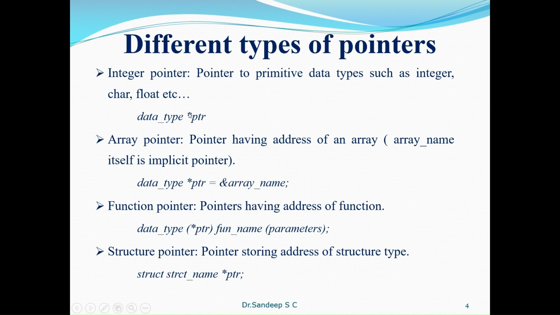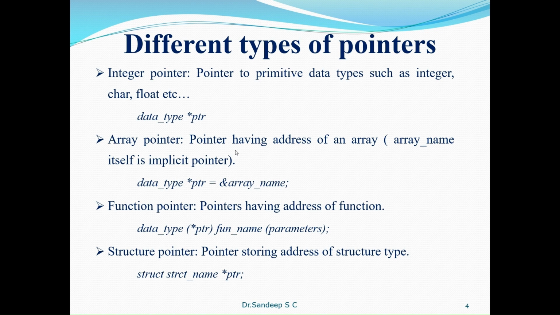Similarly, we can have an array pointer. Array pointer means it is a pointer which is pointing to an array. Okay, so a pointer having the address of an array. And always remember, the name of the array itself is a pointer. That means the name of the array is an implicit pointer storing the address of the first variable of the array.